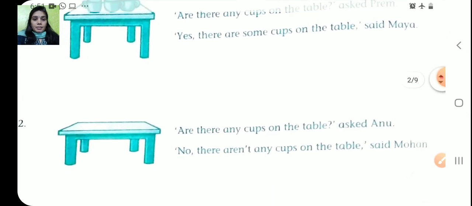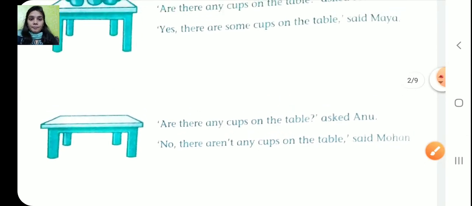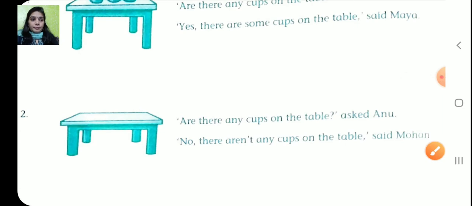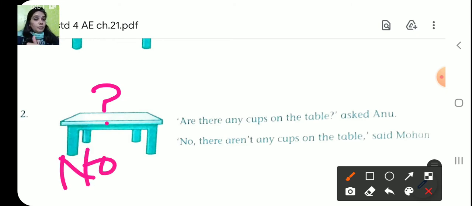Our second question is the same question. Are there any cups on the table? asked Anu. So here, are there any cups here? No, we can't see any cups. So what will you say?